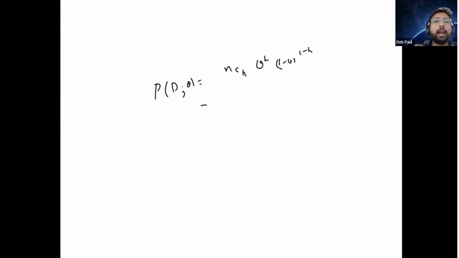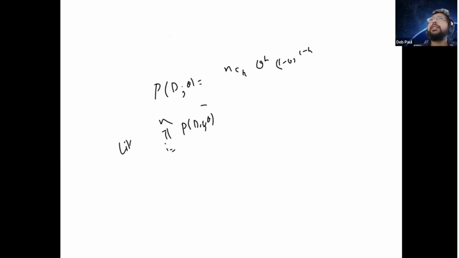So what I can do is get the probability of D parameterized by theta as a product from 1 to n. If I have n points, I have that many products, and this is called the likelihood function.